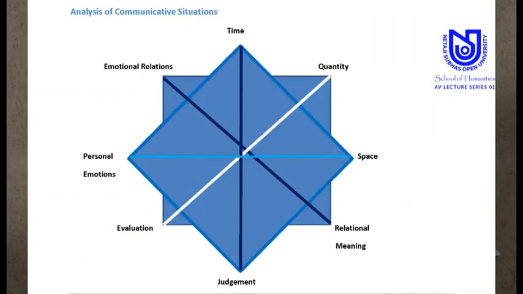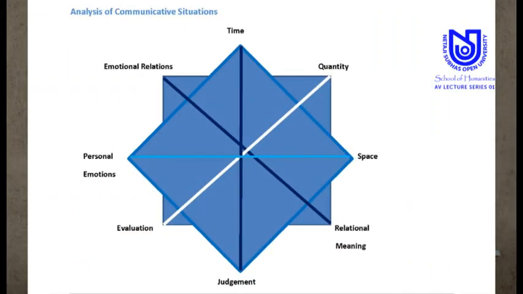David A. Wilkins in this area in 1976 proposed a notional syllabus. A notional syllabus implies a careful analysis of particular communicative situations in order to identify what students should be able to communicate. We have a diagram here which has 8 points.